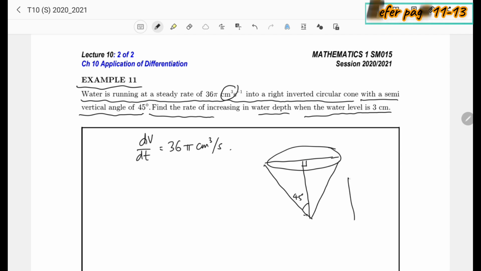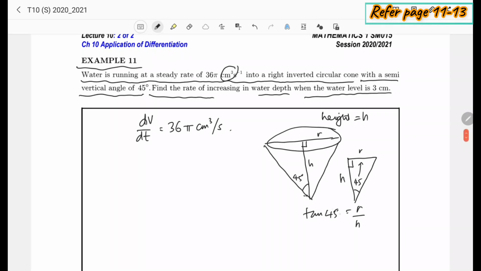So let's take out the triangle. This is 45. Let the height be h. This is h, and this is your radius. So we have tangent 45, which is opposite over adjacent, so r over h.